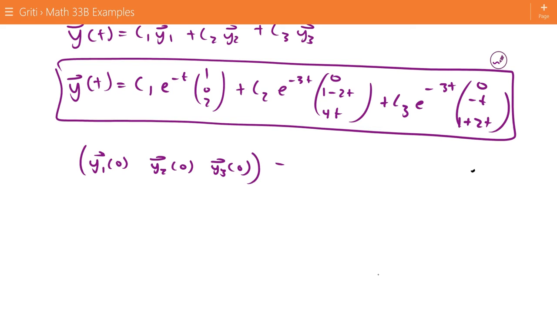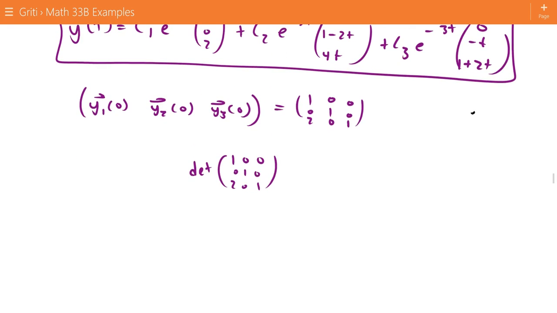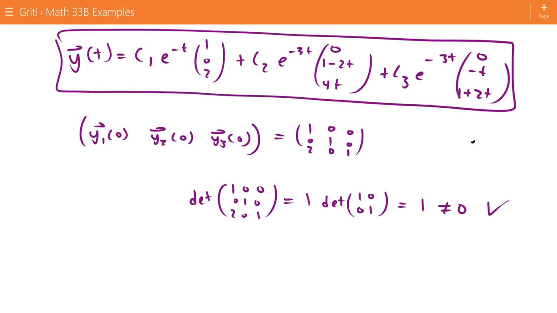So this is the matrix 1, 0, 2, 0, 1, 0, and 0, 0, 1. And we check the determinant of this. The determinant is going to be 1 times the determinant of 1, 0, 0, 1, and that's going to equal 1. And this is not equal to 0, so that means that the 3 solutions are linearly independent. So this is the general solution.